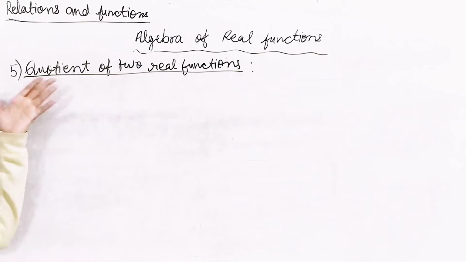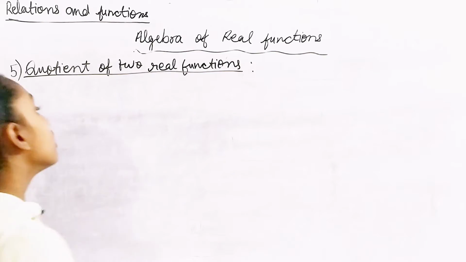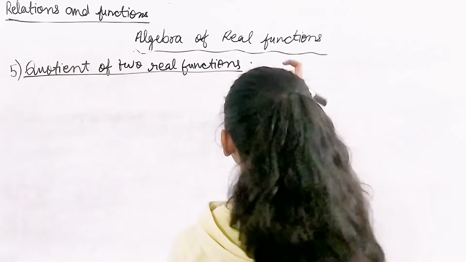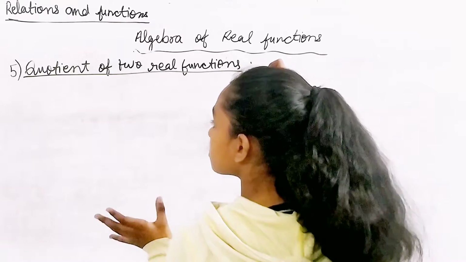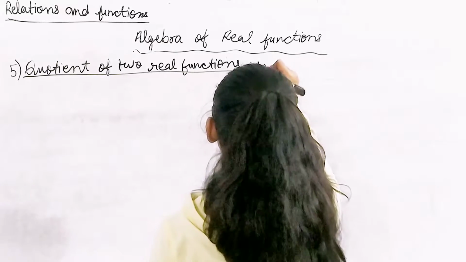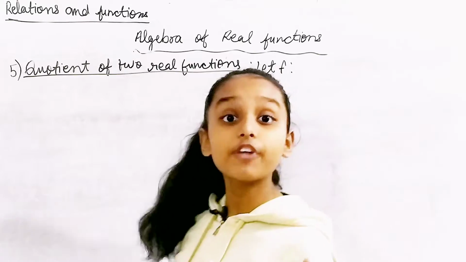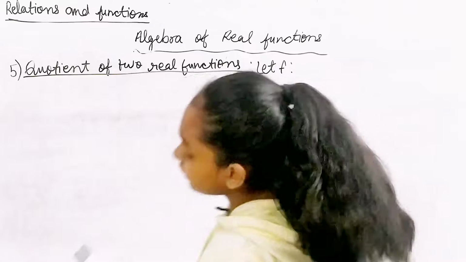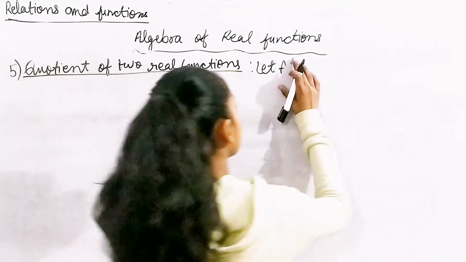So now we're talking about the quotient, the division. I'm going to write the example first. f is the function, and let's take two sets, X and R, just the same.